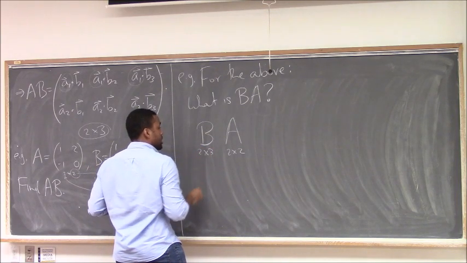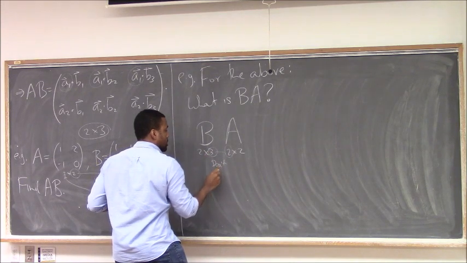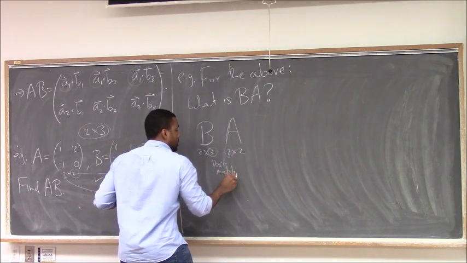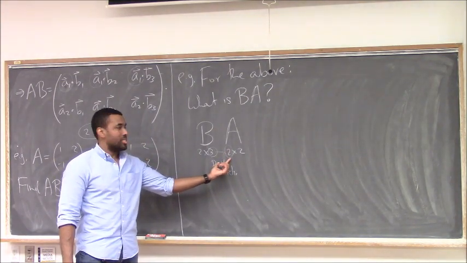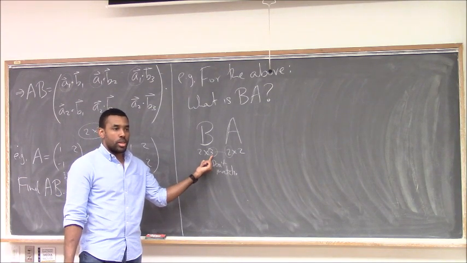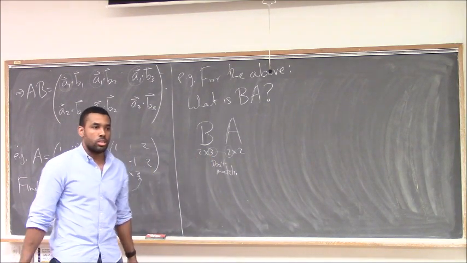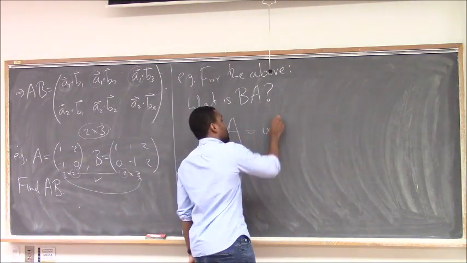What you can realize here is that these 2 numbers don't match. Here I have a function that outputs things in 2 dimensions, and I'm trying to input it into a function that only accepts inputs of 3 dimensions. It's not going to work. These 2 functions do not connect in this order. Undefined.